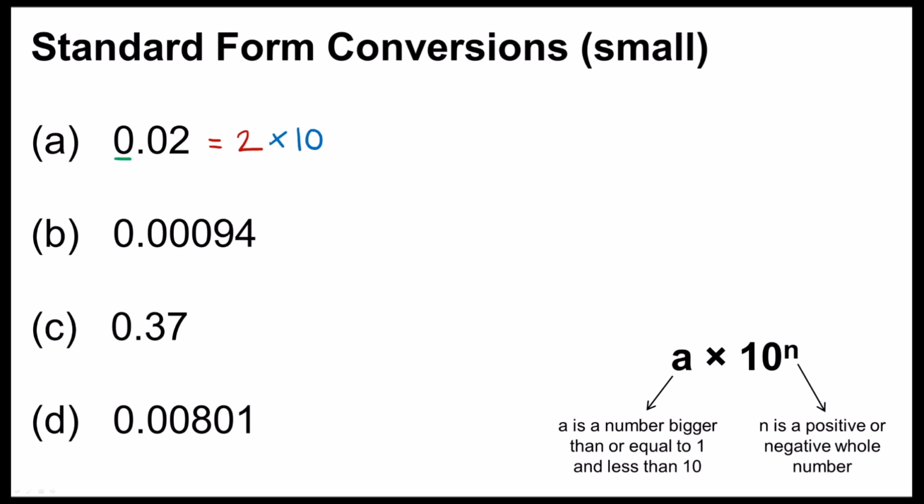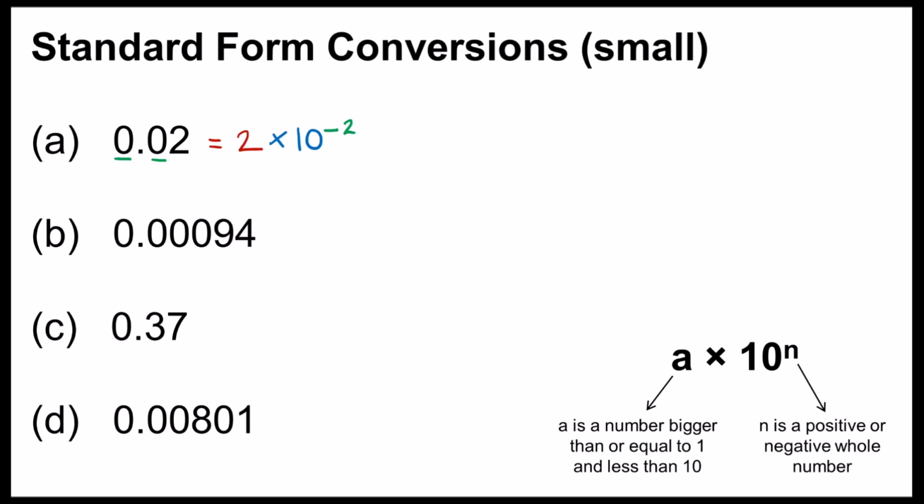So this is 1 at the start and 1 after my decimal point. Because I was dividing by 10 instead of multiplying by 10, I need to make sure my power is negative, and then I can put a 2, which is how many zeros were at the start of my number. This means that my final answer is 2 times 10 to the power of minus 2.